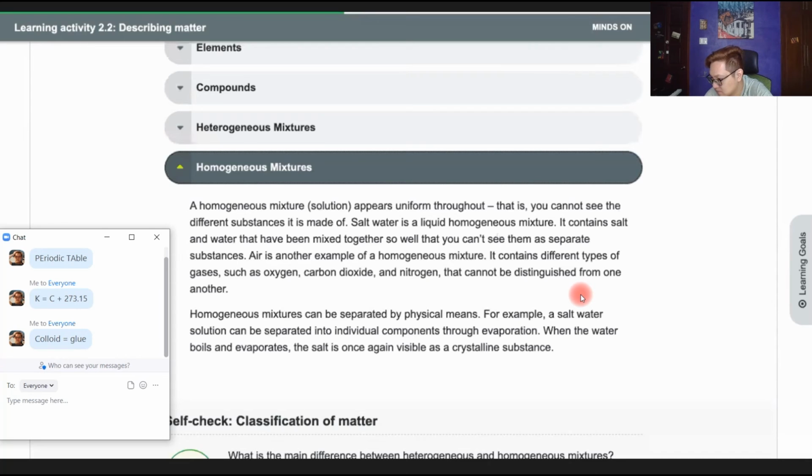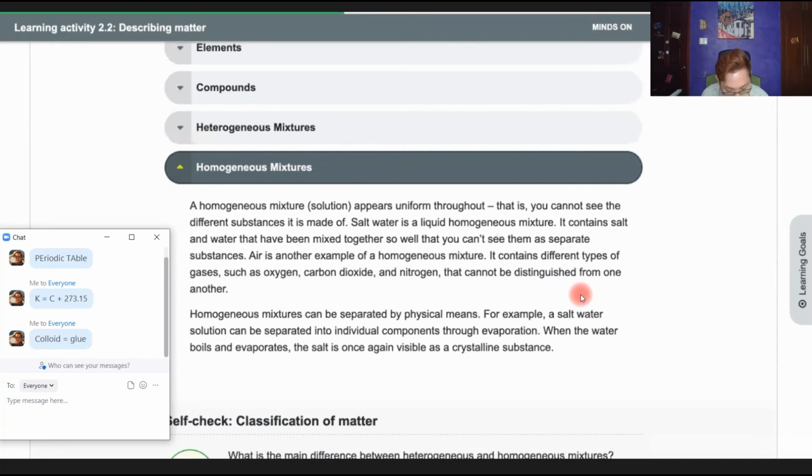Air is another example of a homogeneous mixture. It contains different types of gas, such as oxygen, carbon dioxide, and nitrogen, that cannot be distinguished from one another.